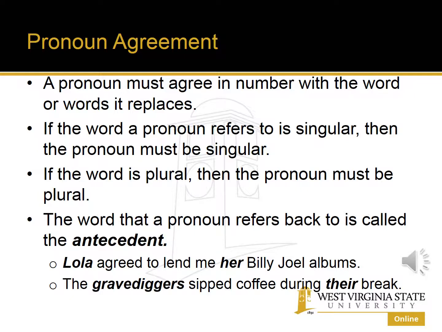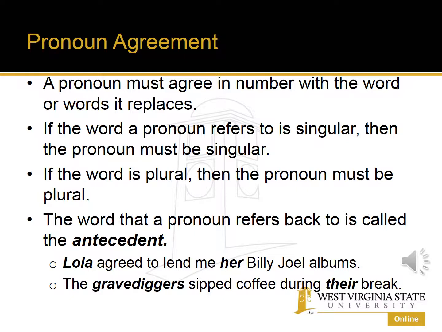What's not correct, and something you hear a lot, is, for example, "The student is doing their homework." That is improper English, yet it's often used because people are trying to avoid assuming the sex of the student.